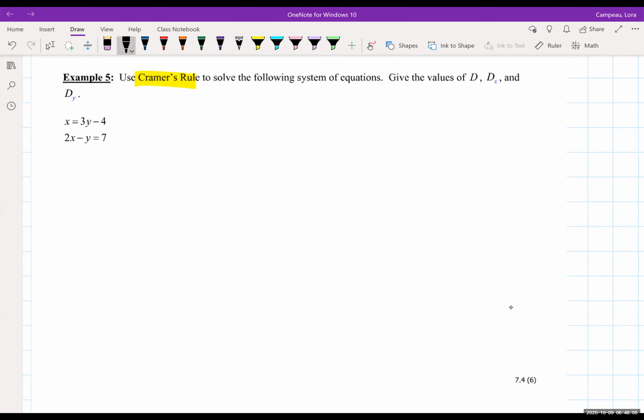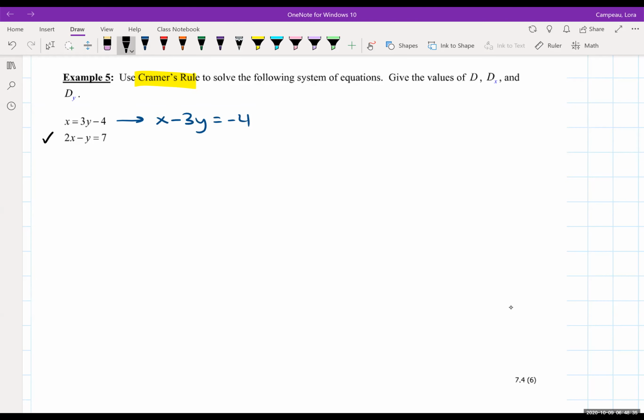And remember, standard form is the x comes first, the y comes second, and the constant is on the other side of the equation. So we can see that that second equation is already in standard form. However, the first equation, we would need to rewrite it. It looks like we'd have to subtract 3y from both sides. If we do that, we will get x minus 3y equals -4.